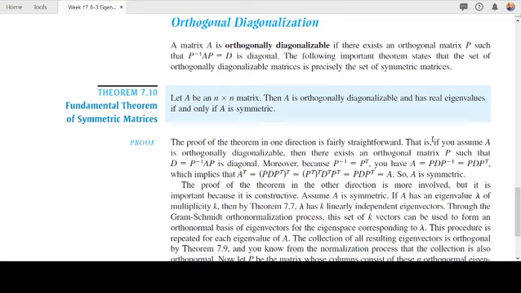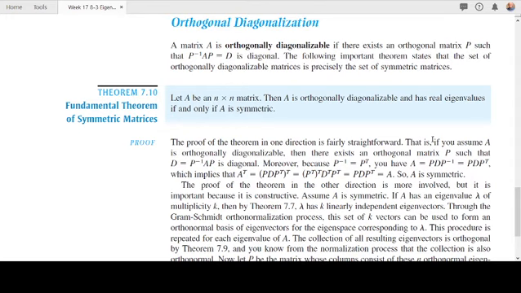That means the inverse of P is equal to the transpose of P. So the theorem says, let A be a square matrix, then A is orthogonally diagonalizable, and it has real eigenvalues, if and only if A is symmetric.